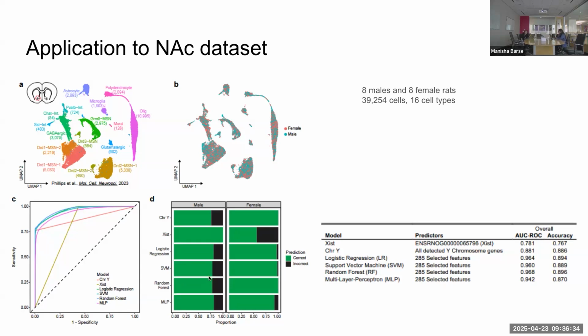So we see that these 4 methods perform much better in predicting the correct male and female gene sets. Even in the table we can see that the overall AUC, ROC values and the accuracy for the 4 models are higher, and the RF method's AUC, ROC value is the highest amongst all the 6 methods.